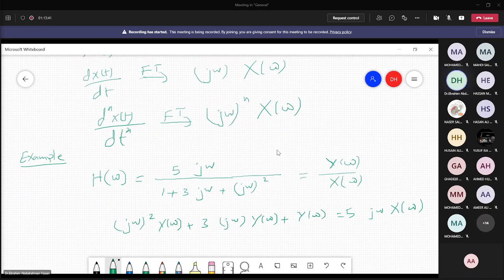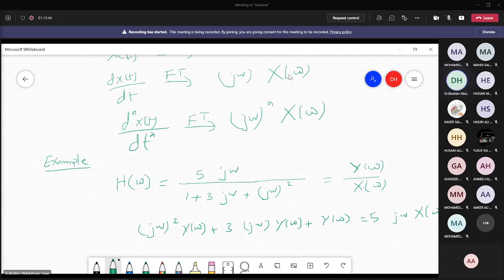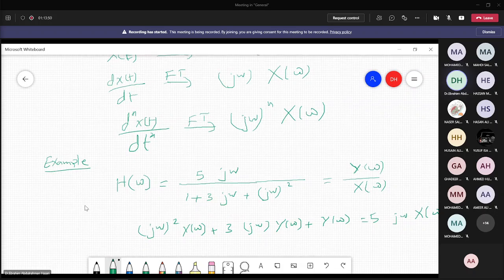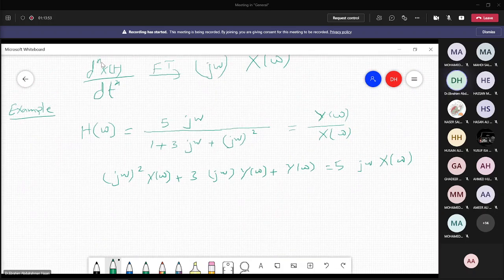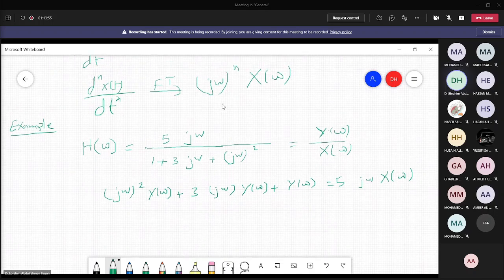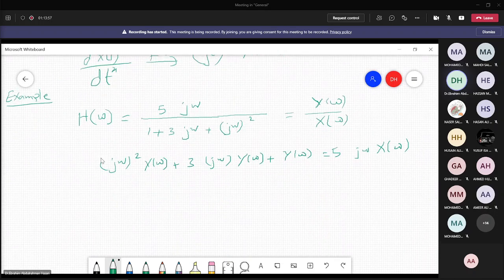And we say that j omega x of omega is equal to the derivative. So if you have y, here you will get y, and for higher, n equal to 2, this is j omega squared multiplied by y of omega, so this is the second derivative. So this is d squared y of t by dt squared plus 3, and this j omega multiplied by y is a first derivative.